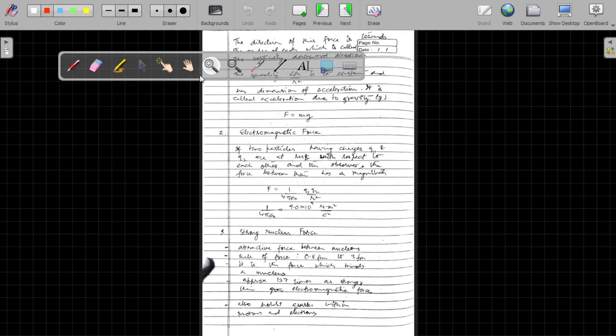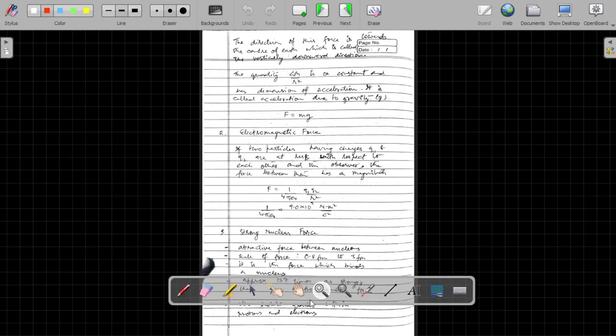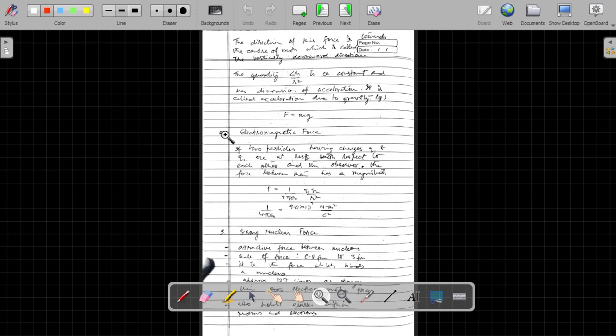Let us talk about gravitational forces. So electromagnetic forces. We will be talking about what is the force on two charges q1 and q2 when they are at rest with respect to each other and are at rest with respect to the observer seeing these two charges.